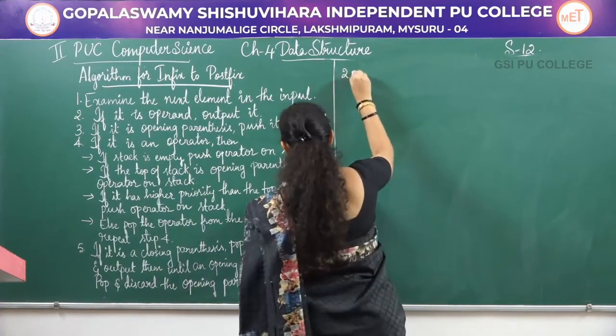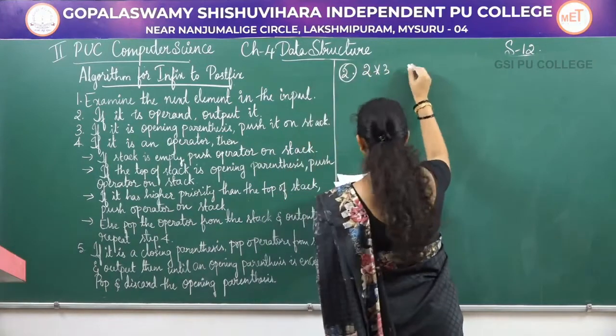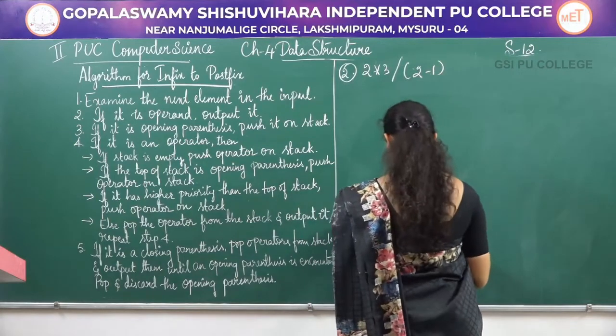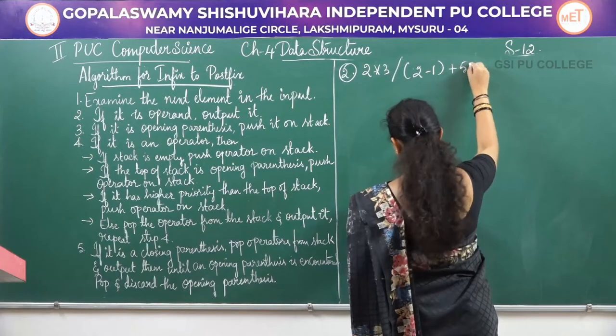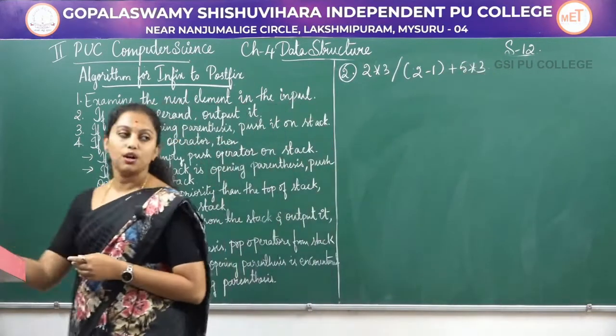The next expression is 2 into 3 slash 2 minus 1 plus 5 into 3, into postfix form.